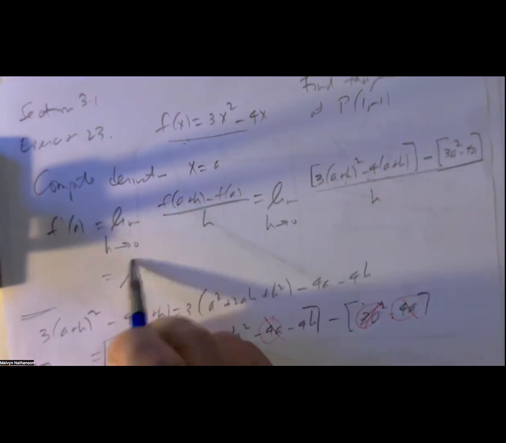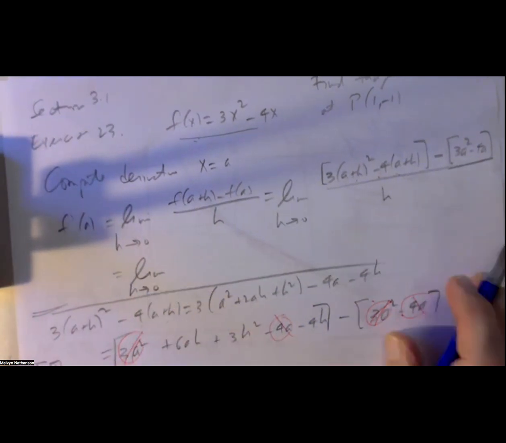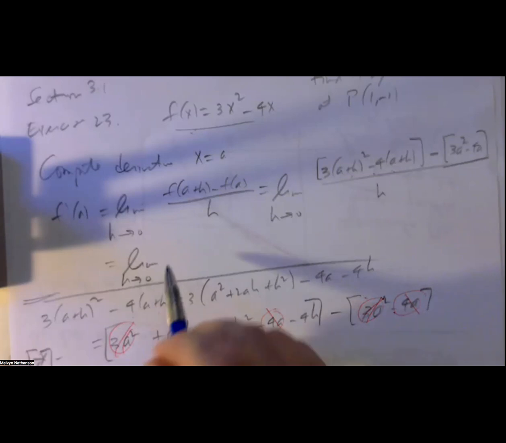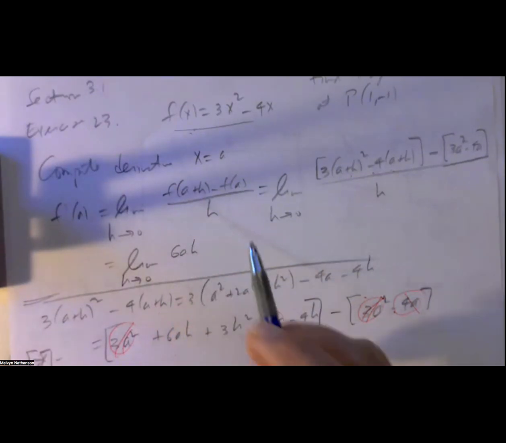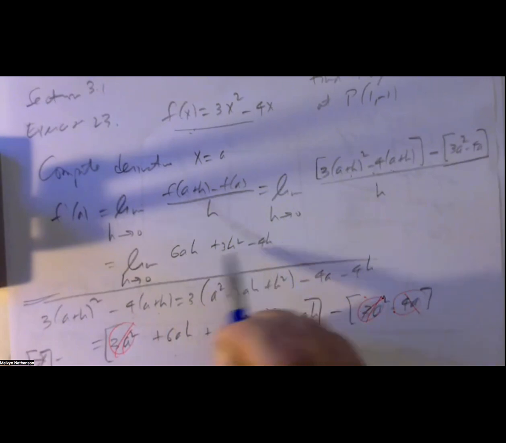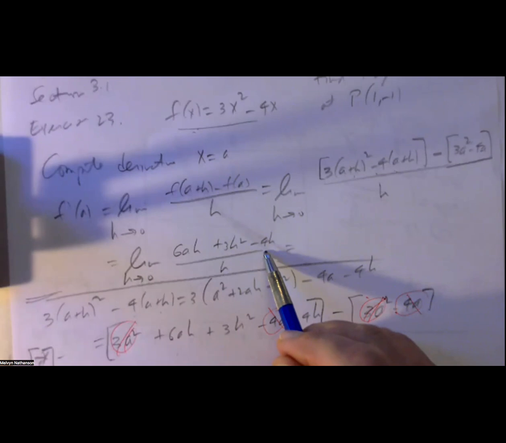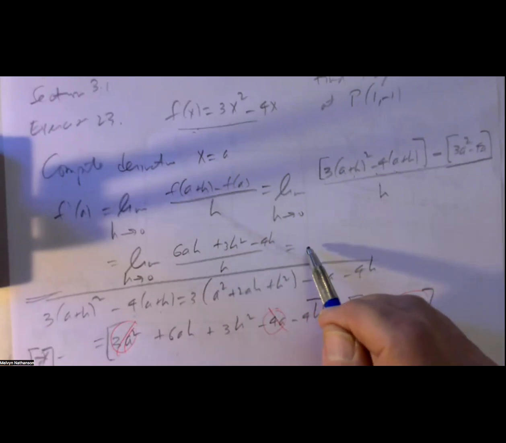This is now the limit as h goes to 0. This numerator consists of 6ah plus 3h squared minus 4h, over h. And I can factor out an h and cancel the h in the denominator.